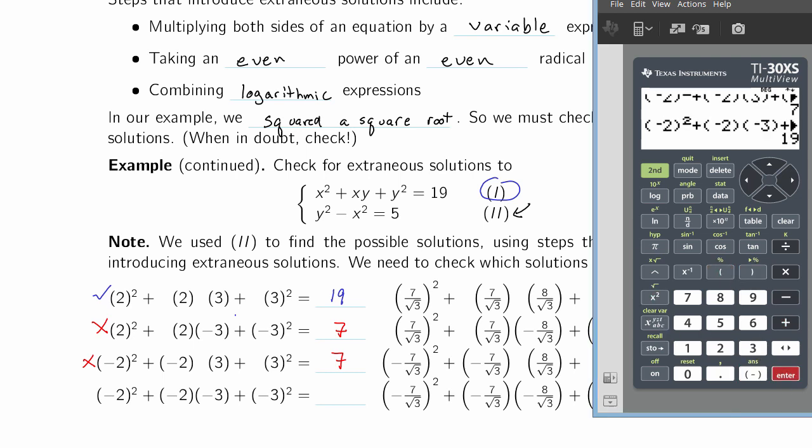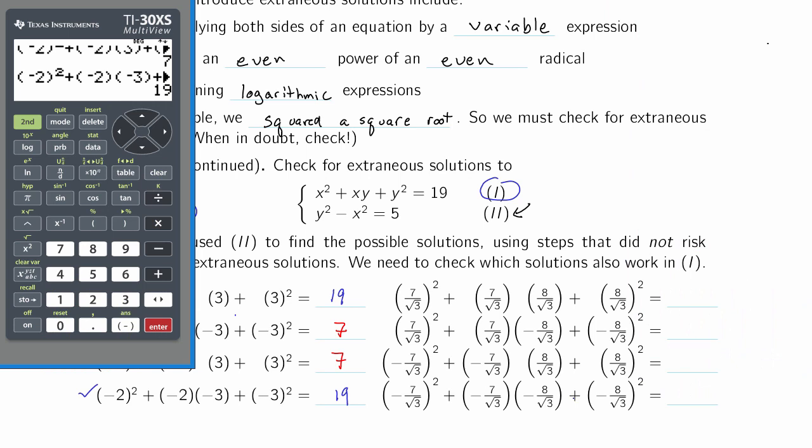That's 19 again. This one was a solution. So 2, 3 and 2, negative 3 were both solutions to the system. Let's see what else we've got. These are going to be a little bit less pleasant to plug in, but it's no problem.